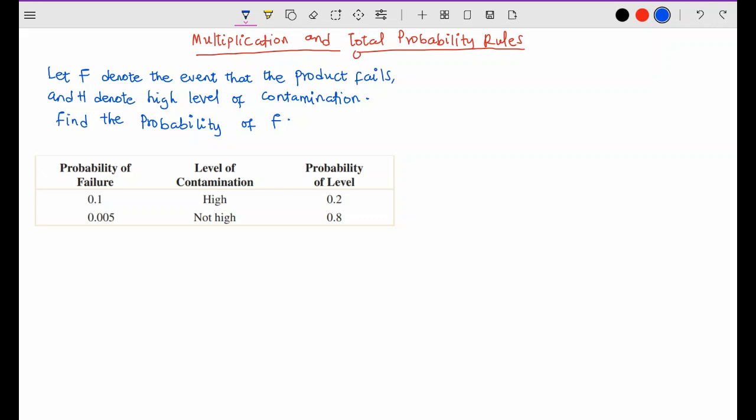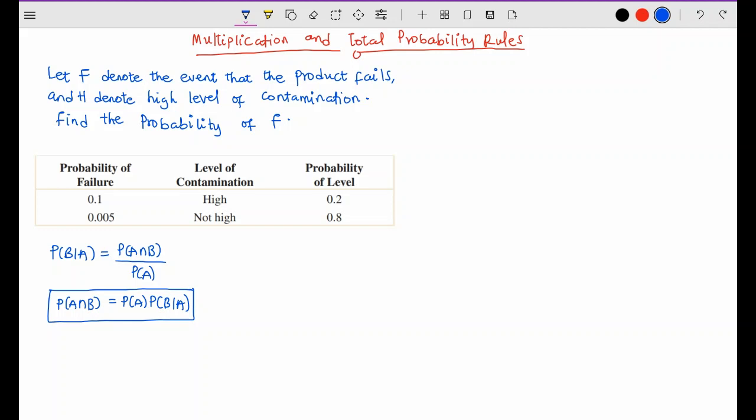Where I said if you have, say, events A and B, where the probability of event B depends on that of event A, they are going to have the conditional probability of B given A equal to the probability of A intersection B divided by the probability of A. So from here, I can rewrite this as the probability of A intersection B equals the probability of A multiplying the probability of B given A. What we have here is known as the multiplication rule.